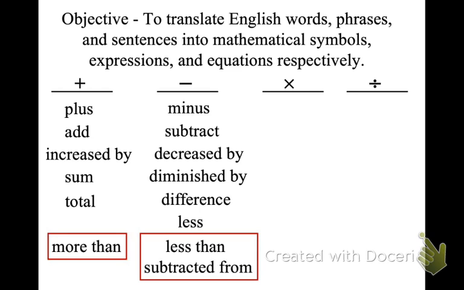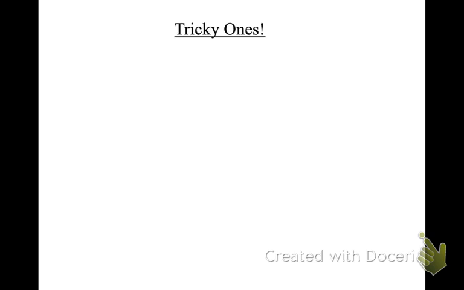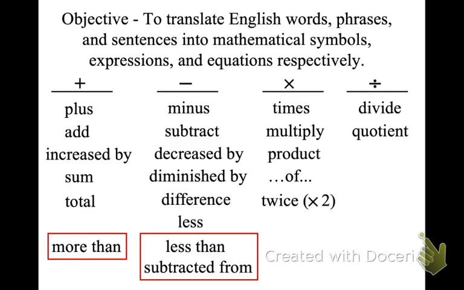For multiplication, we might have times, multiply, product. Of means to multiply when you see of. Twice means times 2. Divide, quotient. Oops, sorry. Okay, pause the recording and take these down.